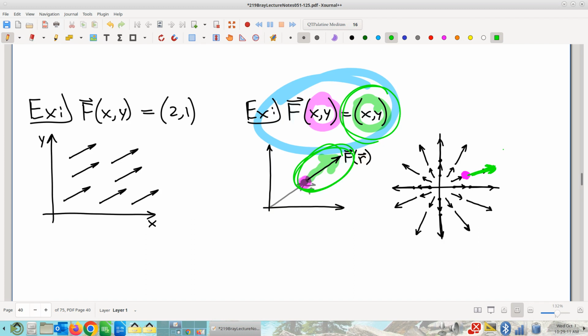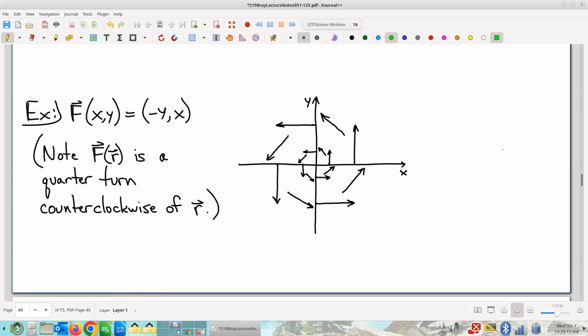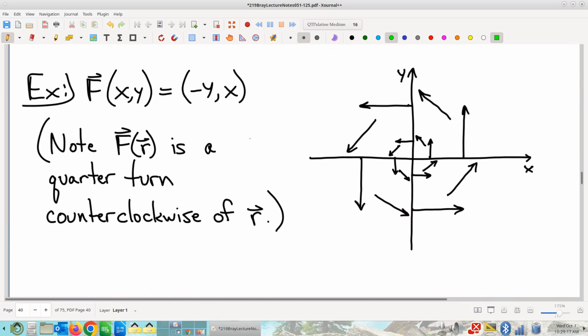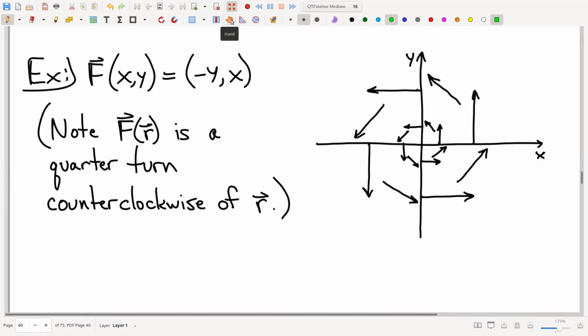Right. Okay, here's another one. This one's a little trickier, but this is a really nice exercise. I'm going to talk through about half of this example and leave y'all to do the other half. For a given point, x comma y, let's say arbitrarily here. Now keep in mind, that's x comma y viewed as a point. Points have position vectors. Let me draw the position vector.